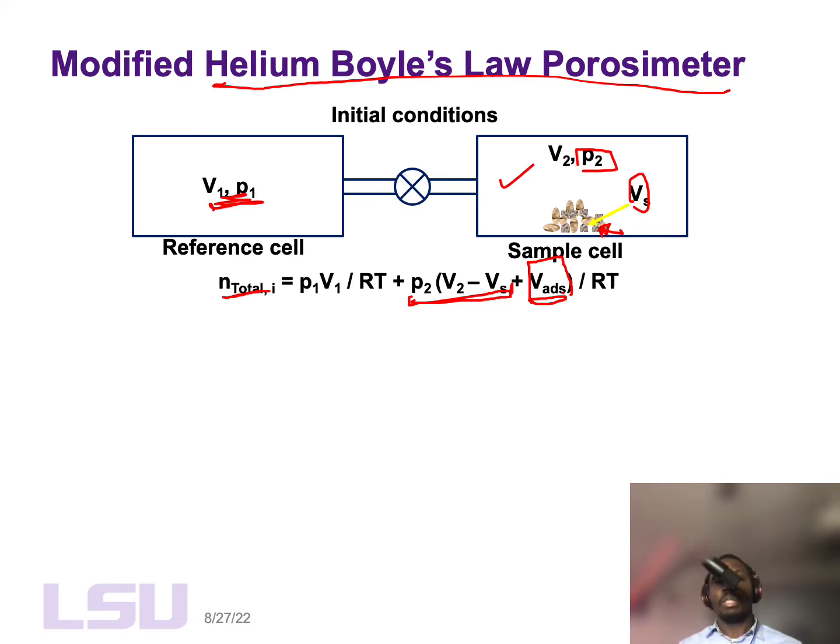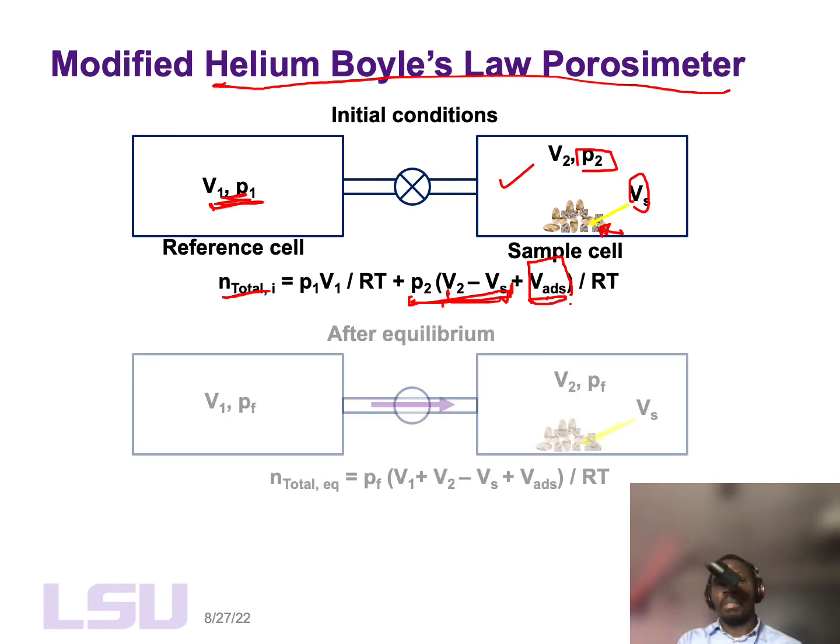So all we've done is to add the volume that can be adsorbed to this volume difference, which is the volume in the rest of the sample cell plus the volume available for free gas storage inside the pore space, and then we divide by RT. So this is the total number of moles at initial conditions.